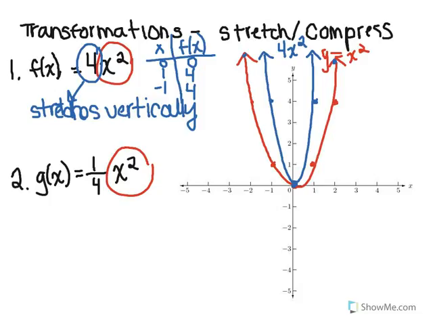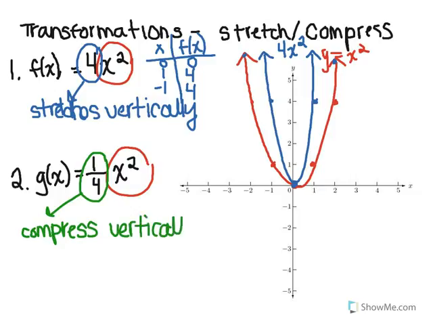If we try the same thing for the second graph, g of x is equal to 1/4 x squared, multiplying by 1/4 is going to compress our graph vertically. Let's make a table to see how that actually works.